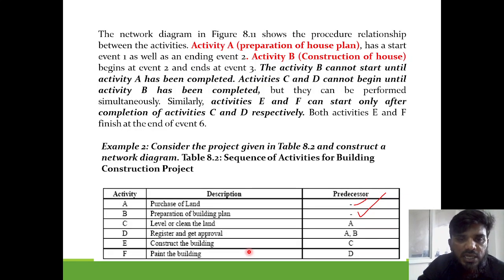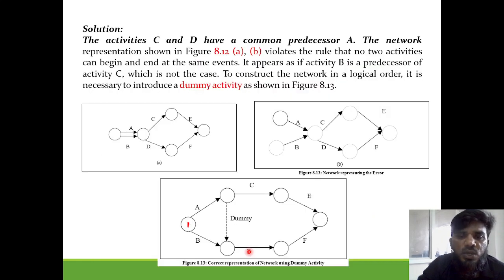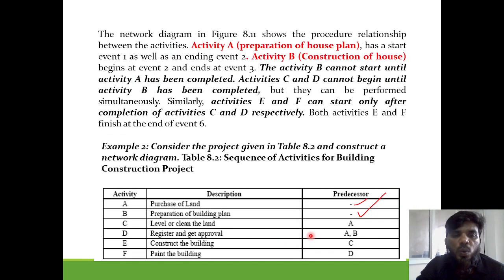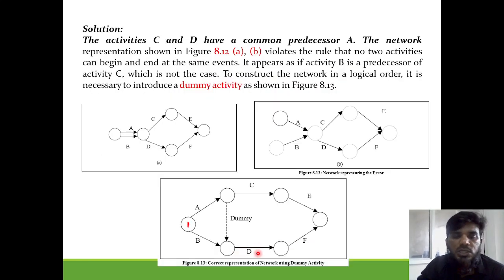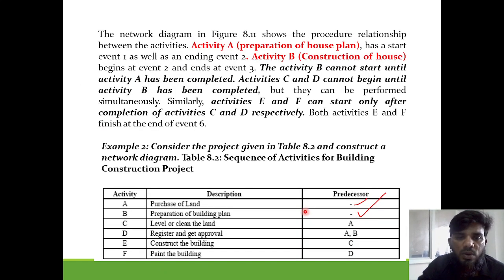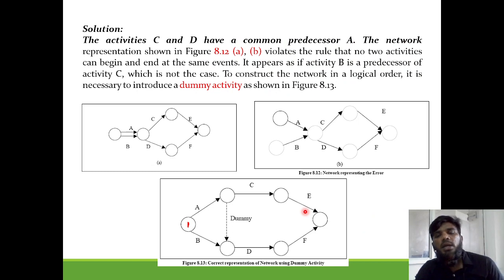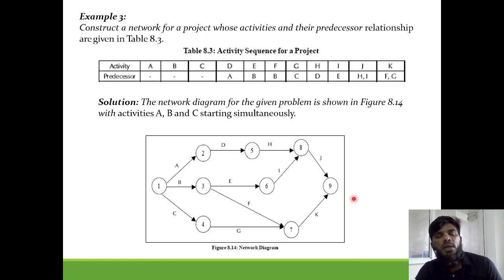What is D? Registration and approval. Next, preceding to D is the F activity. What is F? Painting the building. Once the construction is completed, obviously you go for painting of the building. Once your painting is done and the construction is completed, your whole house will be completed.